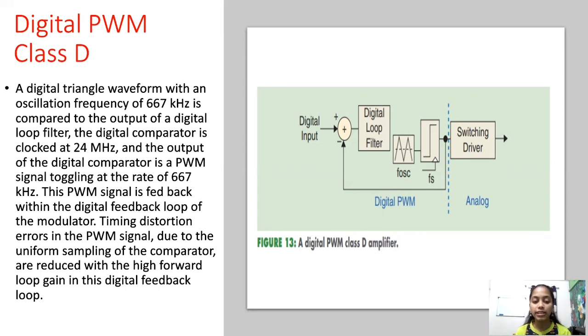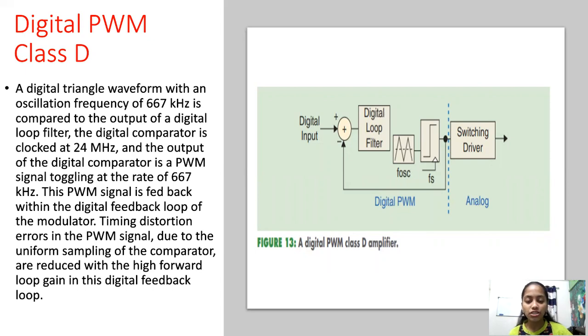This PWM signal is the feedback within the digital feedback loop of the modulator. Timing distortion errors in the PWM signal due to the uniform sampling of the comparator are reduced with the high forward loop gain in the digital feedback loop.